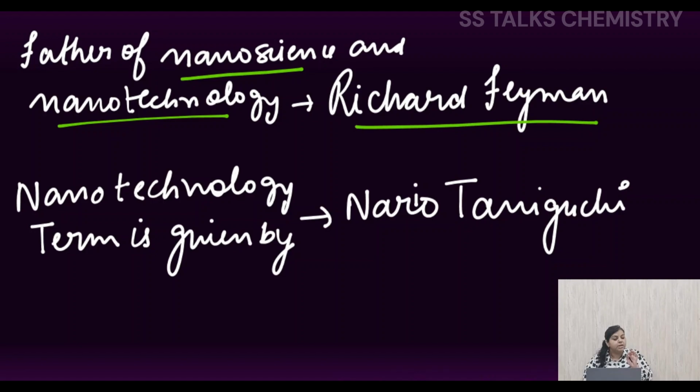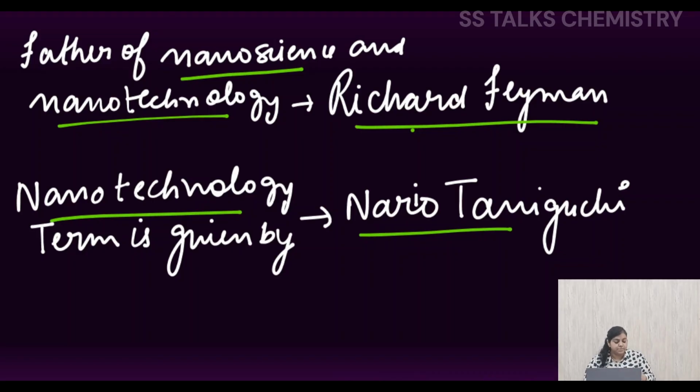You should remember the name directly. Questions can be framed as MCQs, asking who is known as the father of nanoscience or nanotechnology. That is Richard Feynman. And the term nanotechnology was given to us by a scientist named Norio Taniguchi.